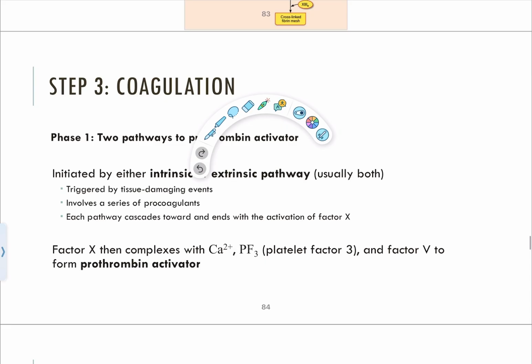Like I just mentioned, when we're talking about phase 1, there's 2 pathways, either intrinsic or extrinsic we can take.